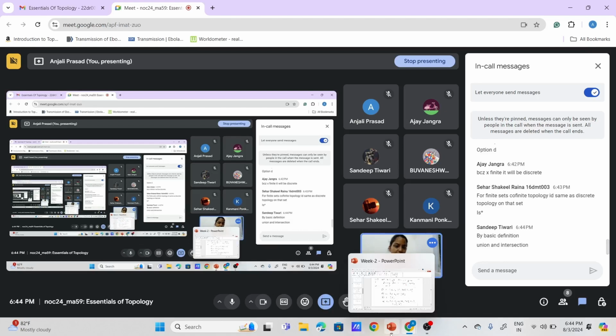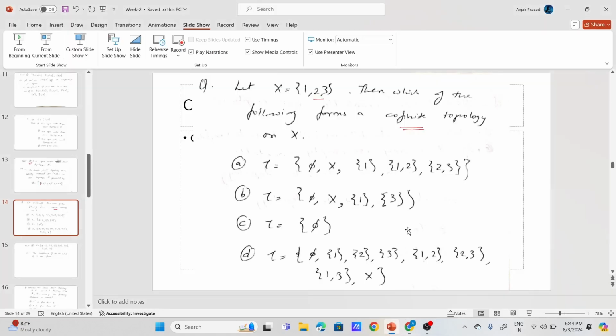So you even have to discard the other options by using the definition.